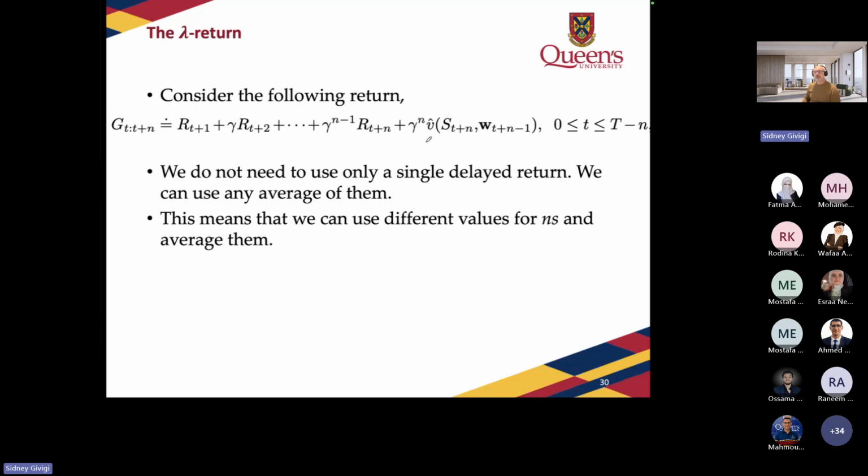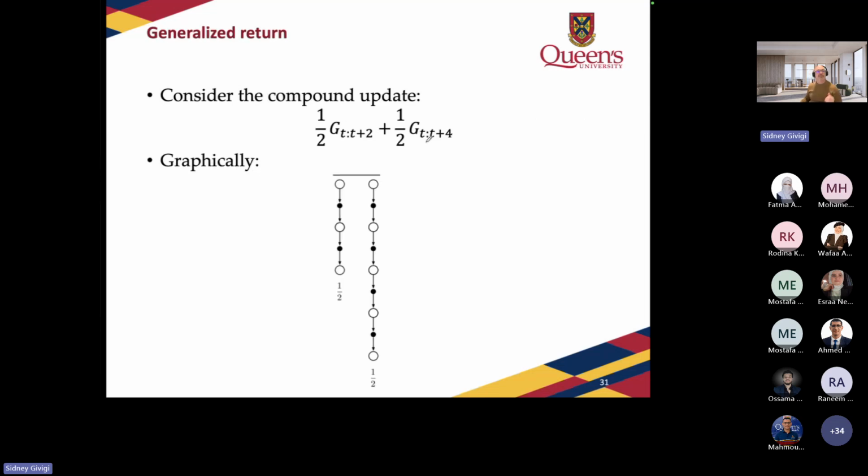Let's assume that we want to create a generalized return, and just keep in mind that this term, generalized return or generalized advantage, is going to come back later. Okay, so here we have a return of 2 steps and a return of 4 steps.